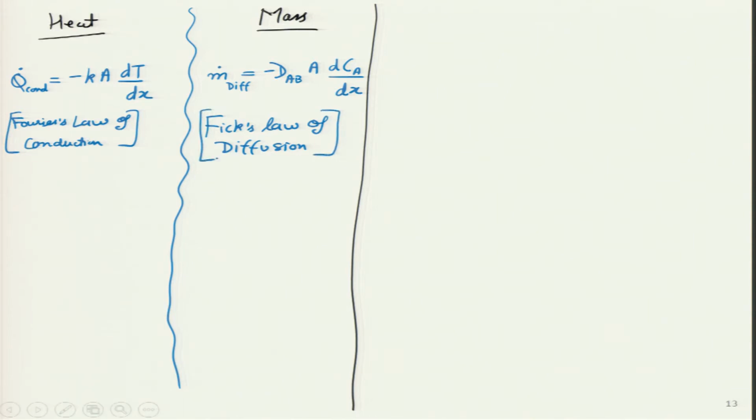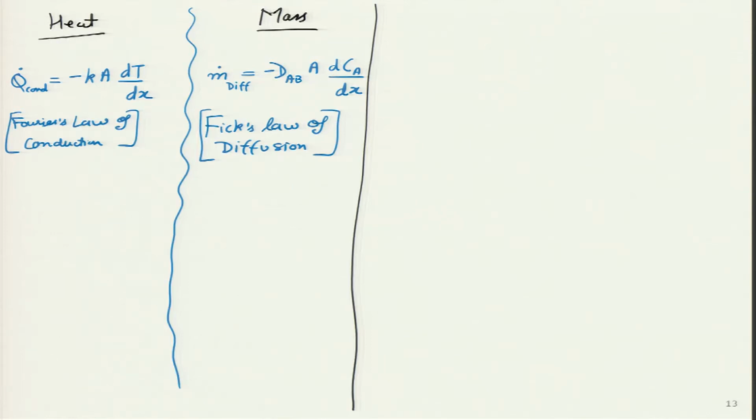I am going to explain what each of these terms means, because students I think are already aware about Fourier's law, but Fick's law is the new one that we will start learning today. But one thing is very clear from this particular slide, and that is that both these equations are very familiar, very similar.